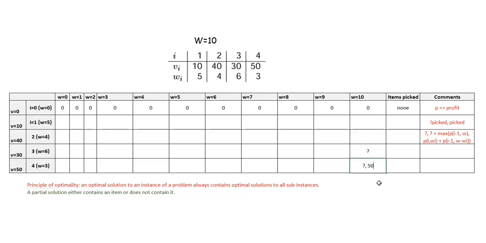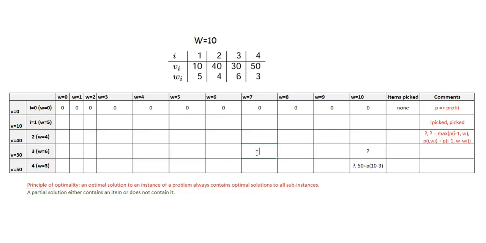If you pick up an item, it is going to be the profit value plus profit from the remaining weight, which would be 10 minus this weight, which is 3. So to get the solution of the right hand side, I would need P 10 minus 3, which is 7. So I have to look for P7, which is here.